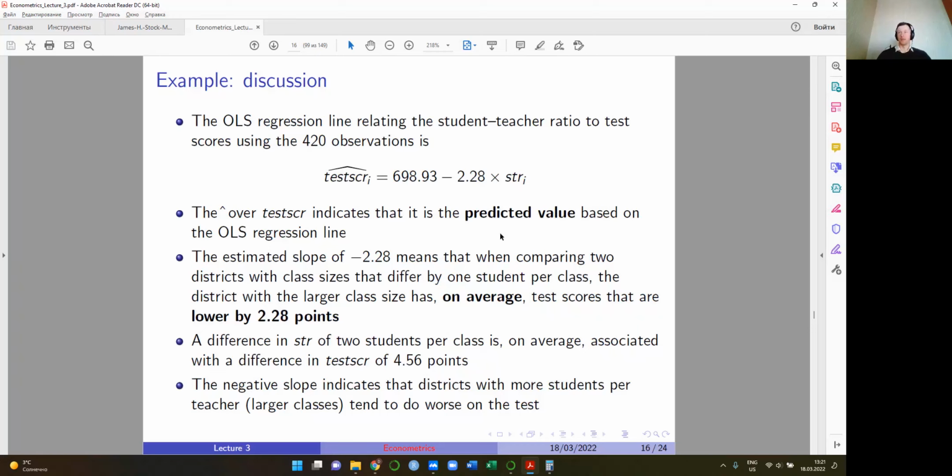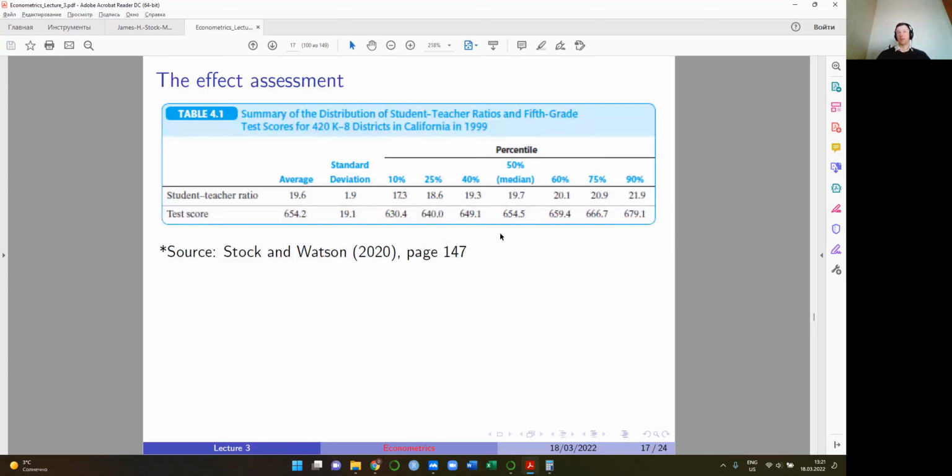Should we bother ourselves with the class sizes? We need to compare this with something. So don't look at 228 and say that 228 is not a large number, therefore this is not a large effect, because it must be relative to something.